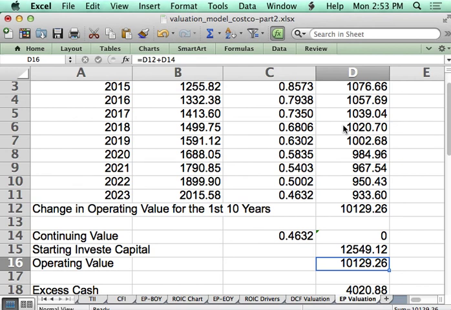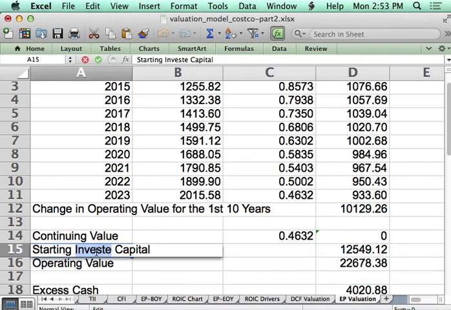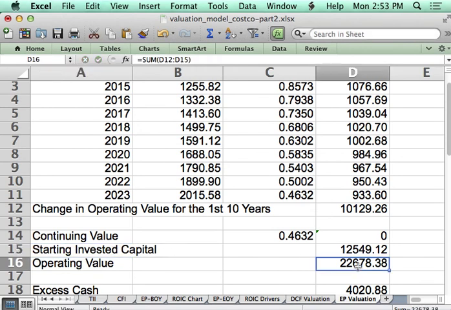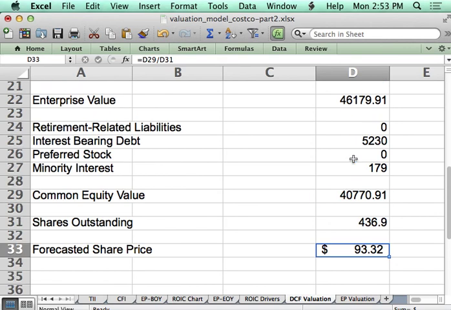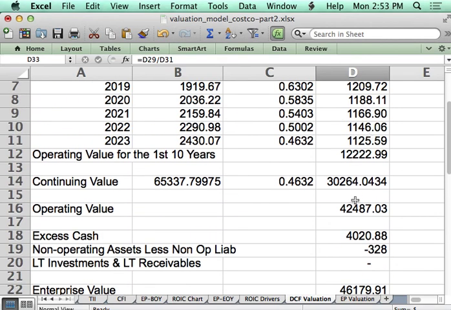Now when I add these values up, the operating value plus the continuing value plus the starting invested capital, then I need to get the same operating value that's on my DCF tab. Those two numbers have to be identical.